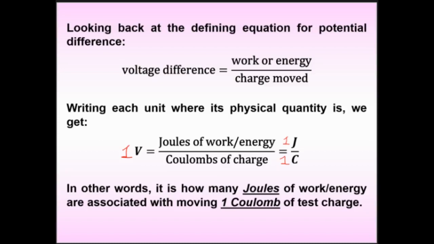Q equals NE. Let's do a quick calculation here. If Q equals NE, how do you rearrange this? N equals Q over E. How much charge do I want to build up to? 1 single full coulomb.